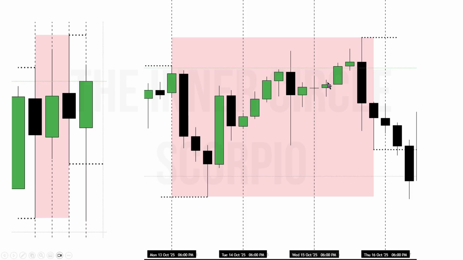And then we open, we go up. So that would be a bearish candle, where we make a high, which is this high over here. And then we go down, make a low, which is this low over here. And then we go back a little bit up and close over here. So this is a bearish candle, and then the next candle goes on.